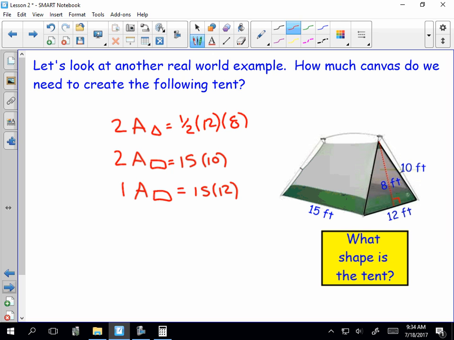Okay, so we have 2 of the triangles, so when we find that 1 area of a triangle, we're going to have to double that. We'll double our 2 sides. So we've got our 150 times 2. Got our 1/2 of 12 is 6. 6 times 8 is 48 times 2. And then we have our 15 times 12.